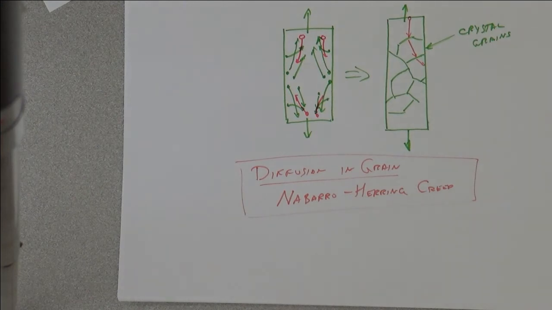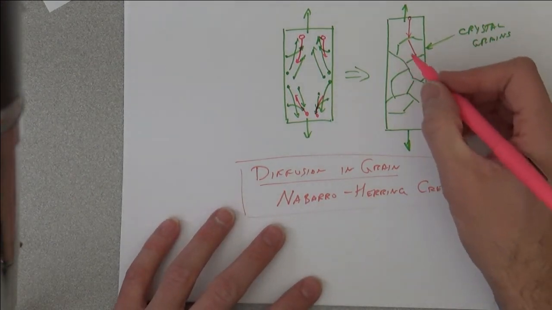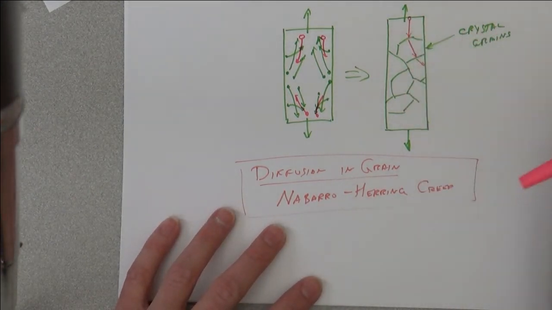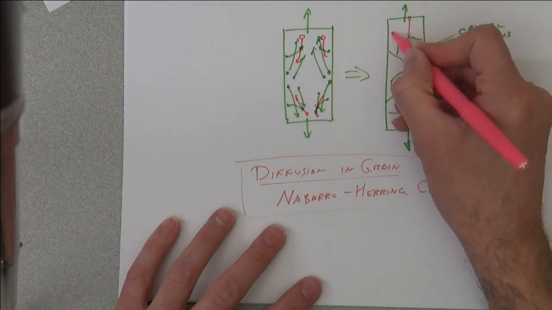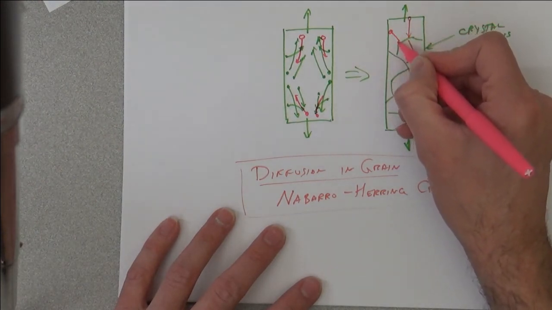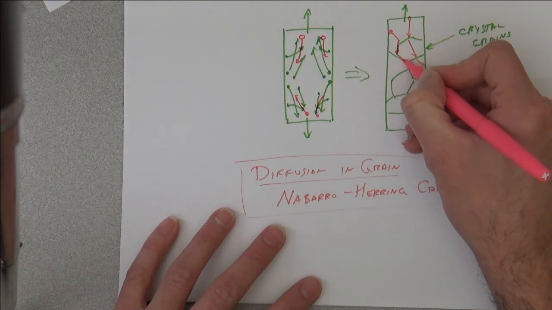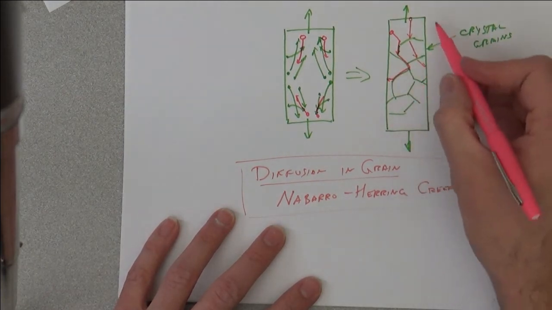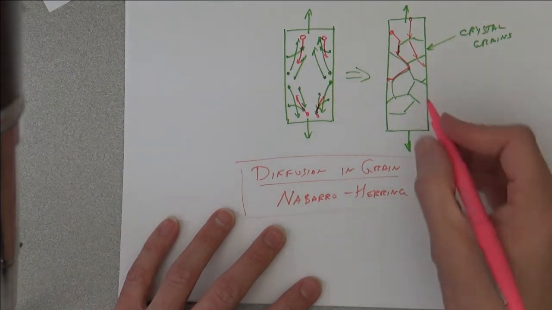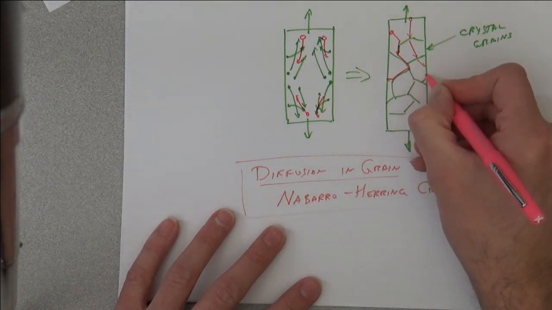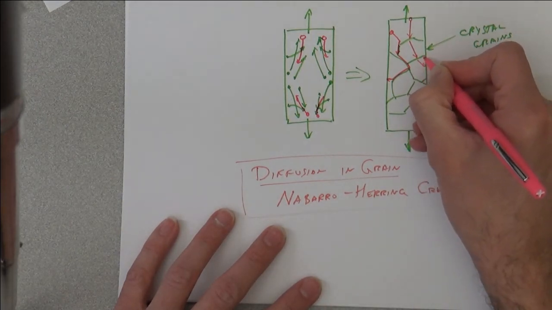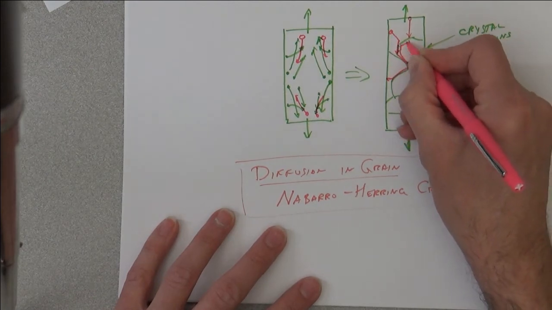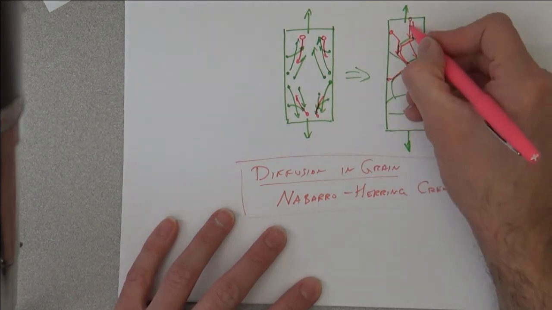But I said that's one mechanism. Another mechanism is one in which you have vacancies, and they may move, but they will move along grain boundaries. And the same way, you can think of mass moving along grain boundaries.